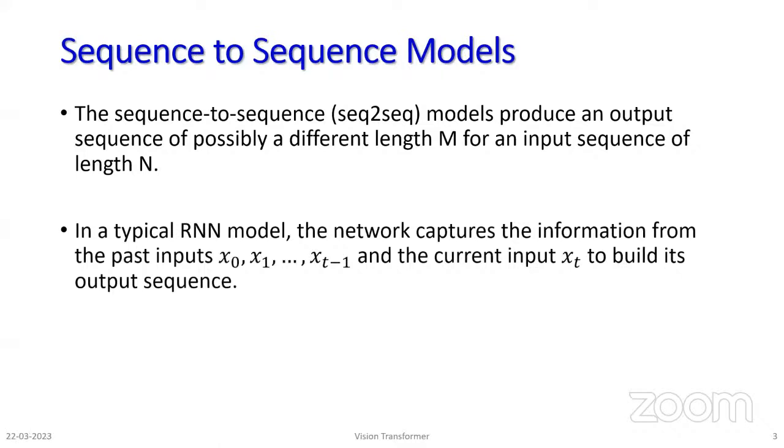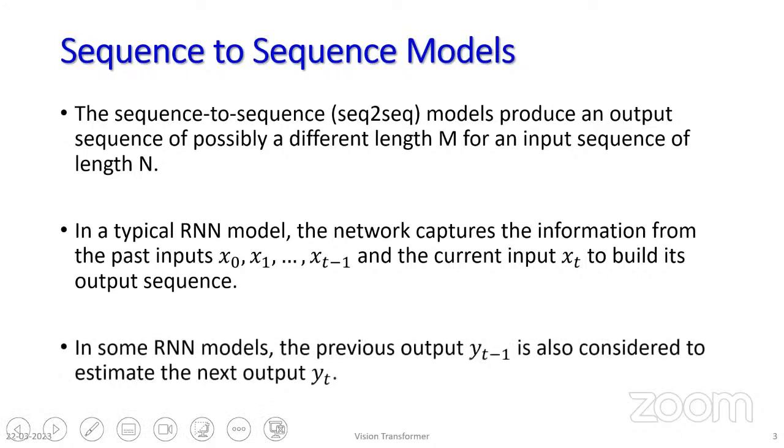In a typical recurrent neural network model that you studied yesterday, what does a recurrent neural network do? It captures the information from the past inputs, say x0, x1, up to xt minus 1, and the current input to build its output sequence. In some recurrent neural network models, the previous output is also considered.